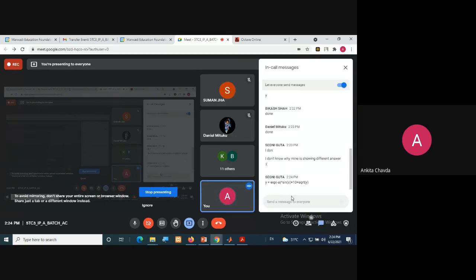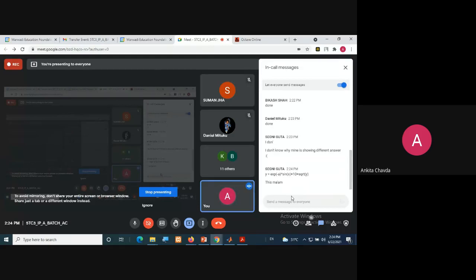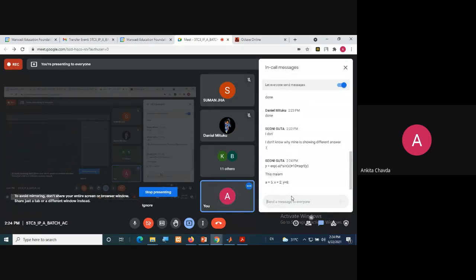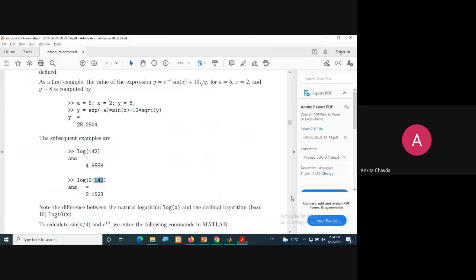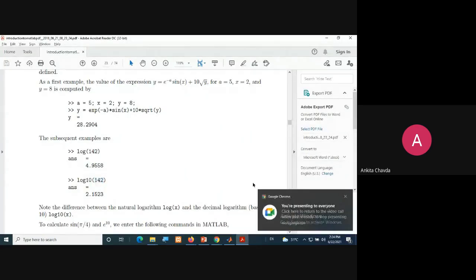E is equal to, okay, exponential of minus a into sine of x plus 10 into sqrt, not plus, right? Yeah. Fine.